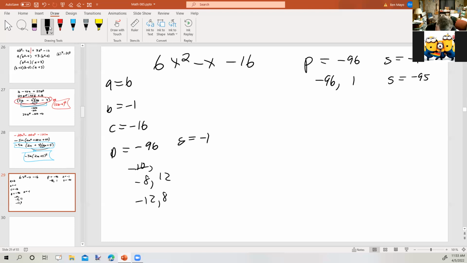Well, -96 is even. Let's cut it in half and double that. That would be -96 as a product, and the sum would be -46. Let's cut this in half and double that. That would give me a product of -96 and a sum of -20. Well, let's cut this in half and double that.